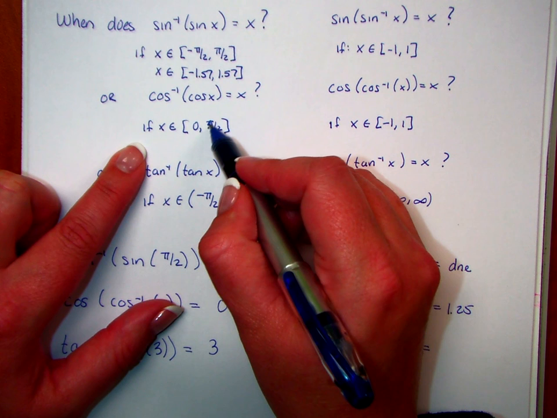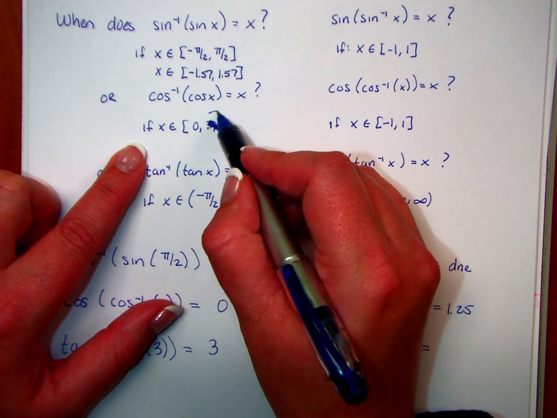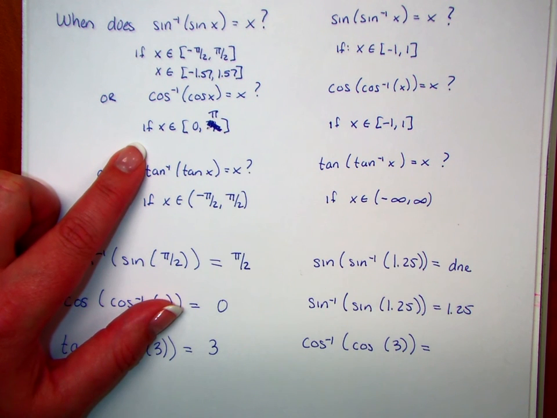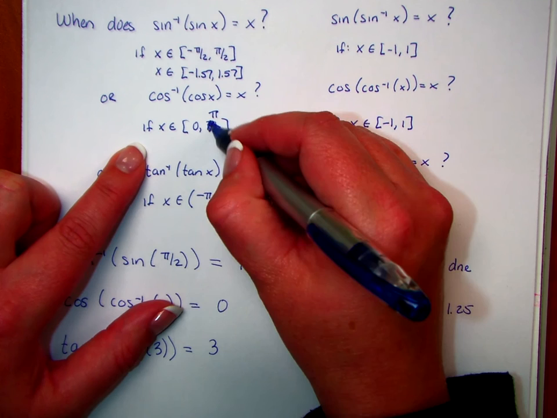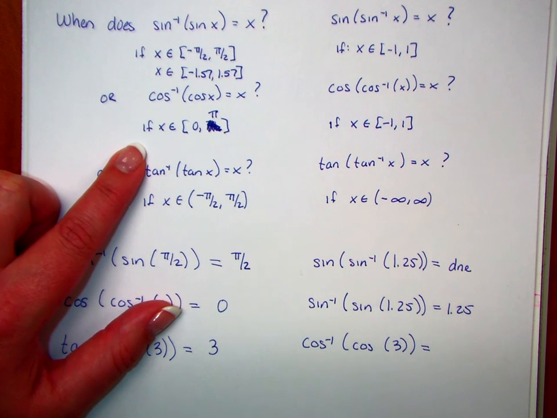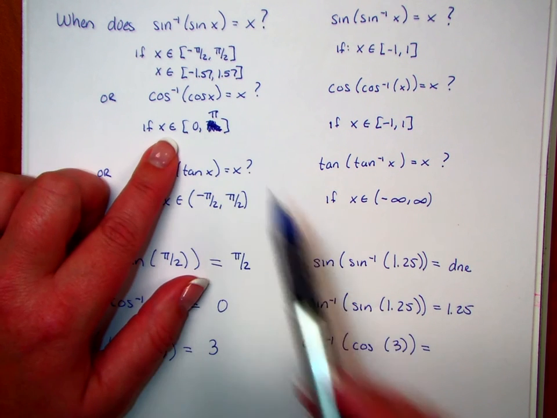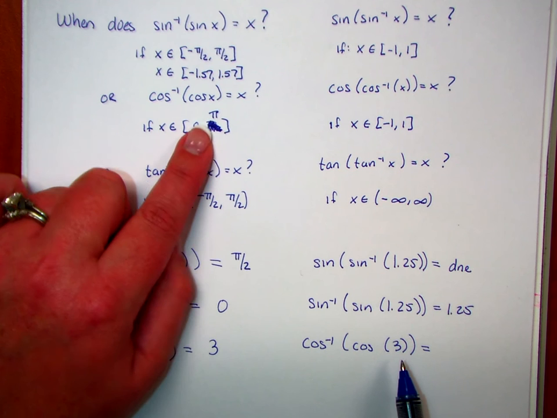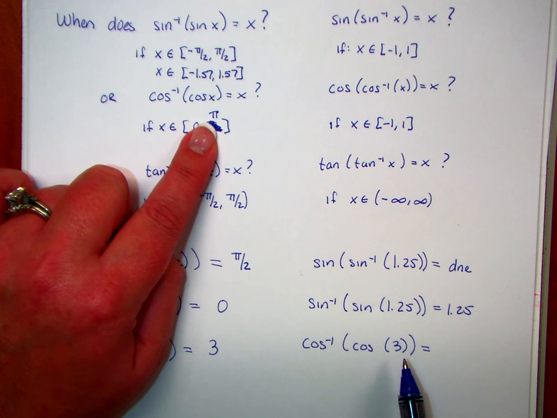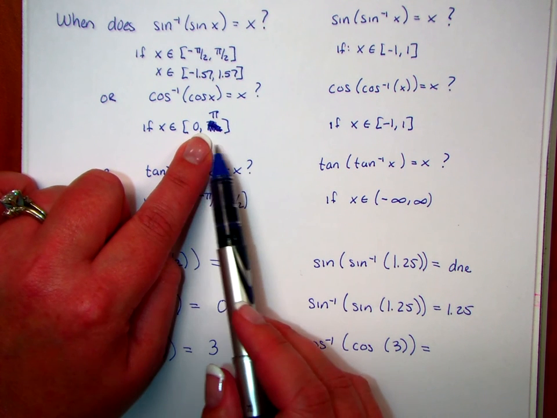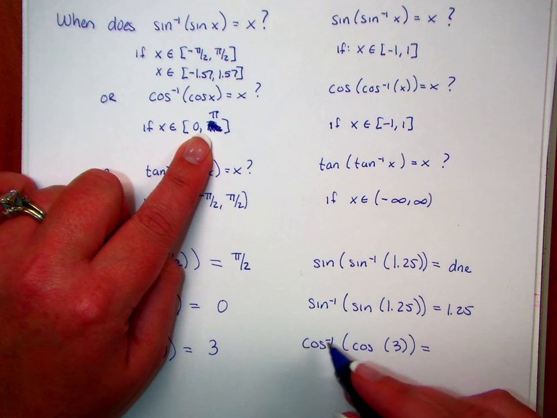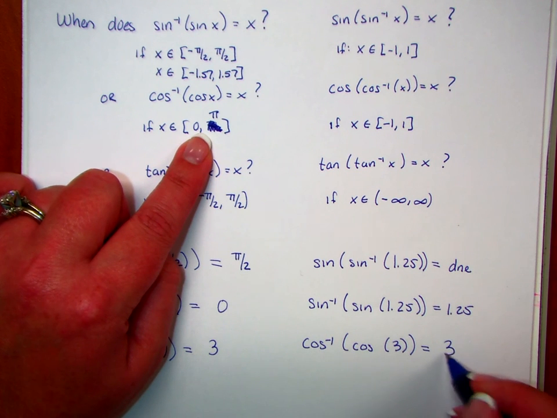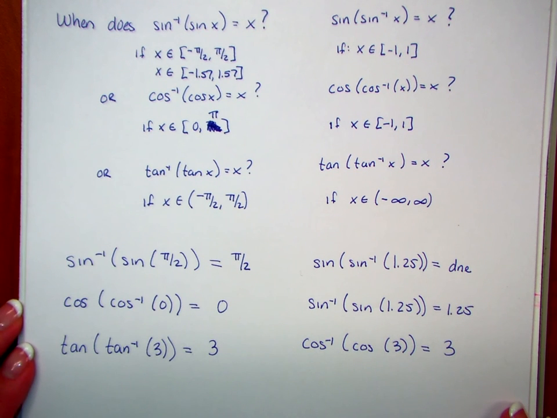The restricted domain of cosine is 0 to pi. Apologies there. So pi is a radian measure, and this is a real number. Pi as a real number is 3.14. So is 3 in that interval? Yes, it is. These are going to cancel, and we're going to get 3.